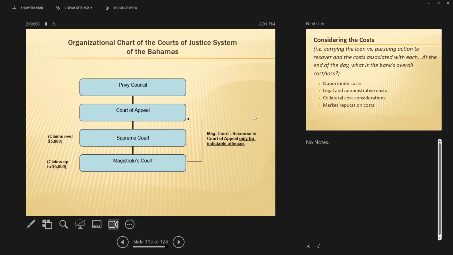If you think you could collect up to 5,000 of that debt, go to the magistrate's court. Any claims over 5,000, you go to the Supreme Court. If the Supreme Court does not rule in your favor, very seldom will the courts rule against the financial institution.